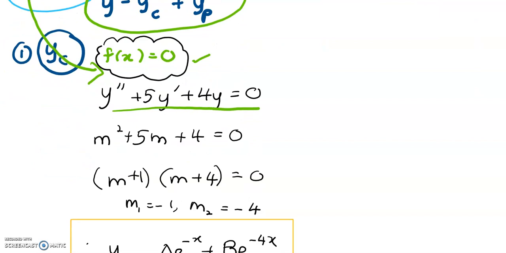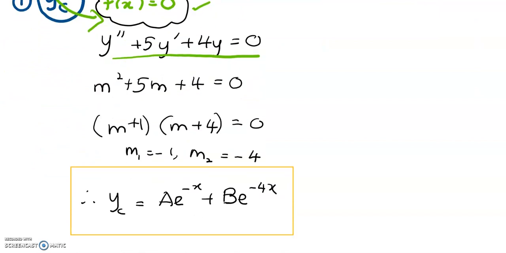In order to get the homogeneous solution yc, we transform this equation into the characteristic equation, so that we have m^2 + 5m + 4 = 0. Then factorize or use your calculator to get the roots: m equals -1 and the other is -4.